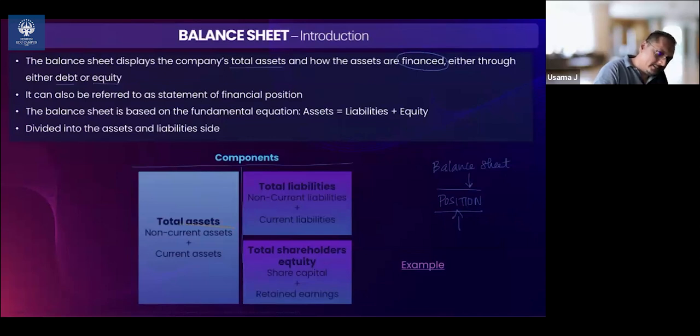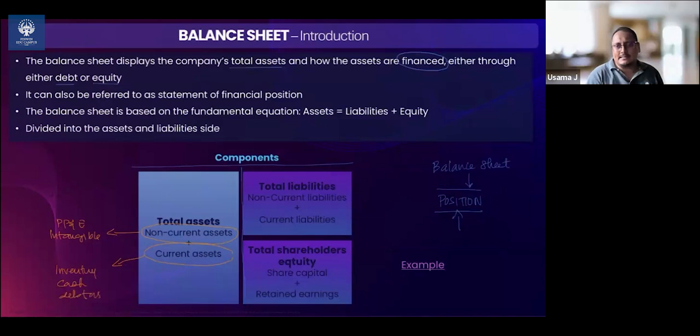What's the difference between one and the other? Property, plant, and equipment, intangible assets, etc., are in your non-current assets. Under current assets, for example, you will carry inventory, cash, and debtors. What's the difference here, guys? What is the key element, do you think, when we say current versus non-current?